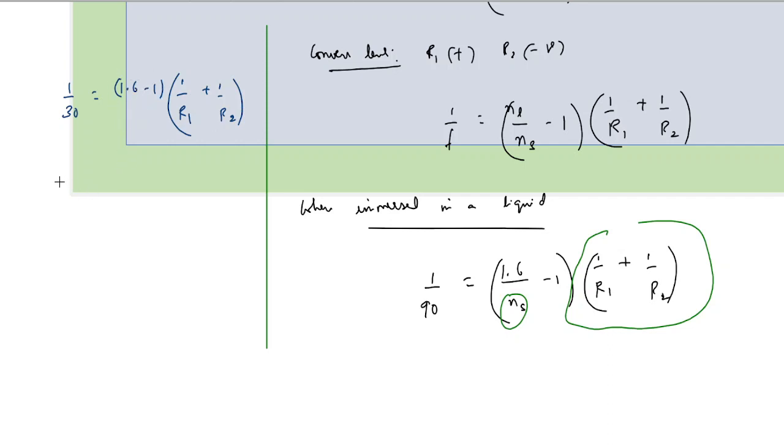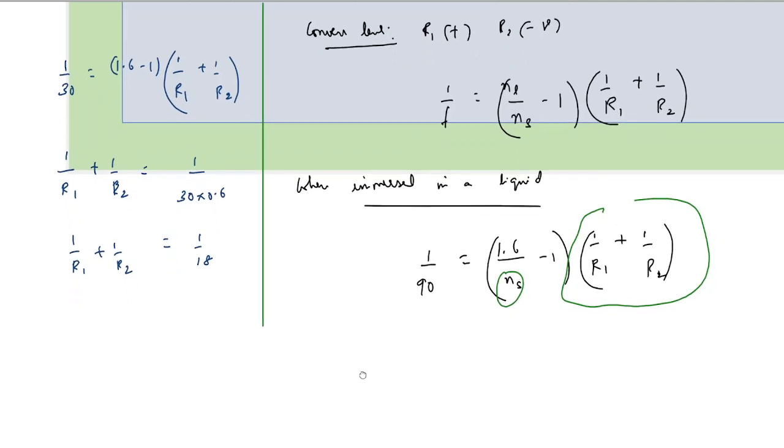I'll bring it down. So from here, 1 by R1 plus 1 by R2 is equal to 1 by 30 into 0.6, and that is equal to 1 by 18. So 1 by R1 plus 1 by R2 is equal to 1 by 18.